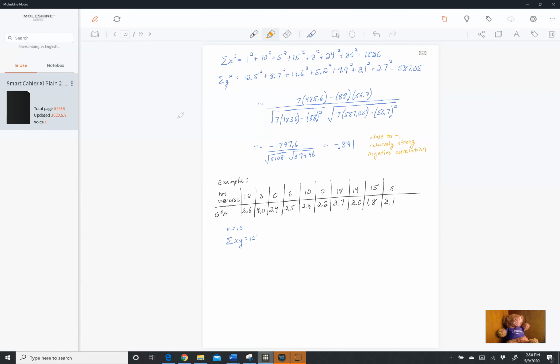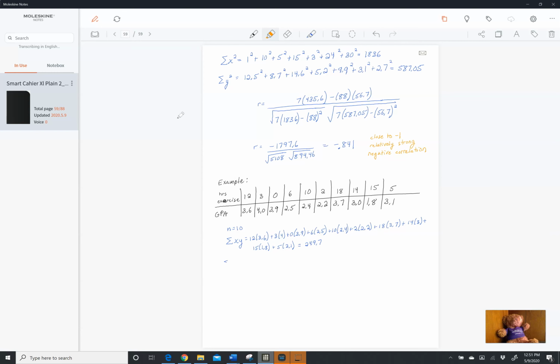So this is 12 times 3.6 plus 3 times 4 plus 0 times 3.9 plus 6 times 2.5 plus 10 times 2.4 plus 2 times 2.2 plus 18 times 3.7 plus 14 times 3 plus 15 times 1.8 plus 5 times 3.1. And what do we get there? We get 249.7.